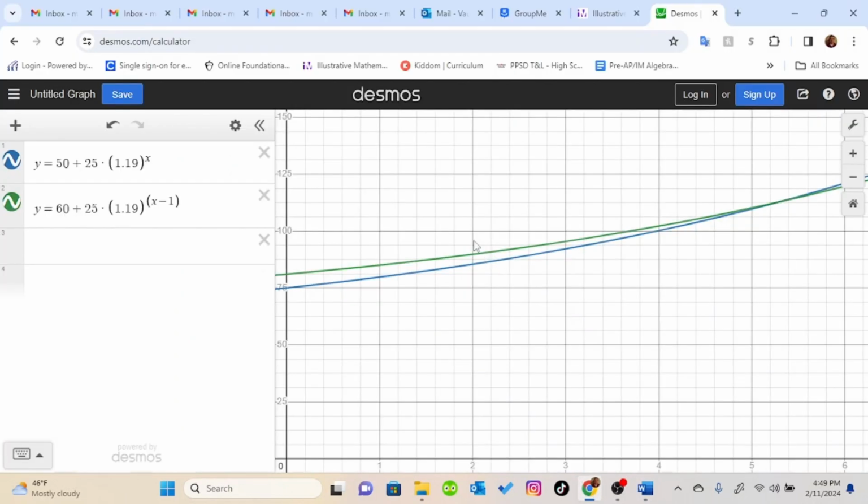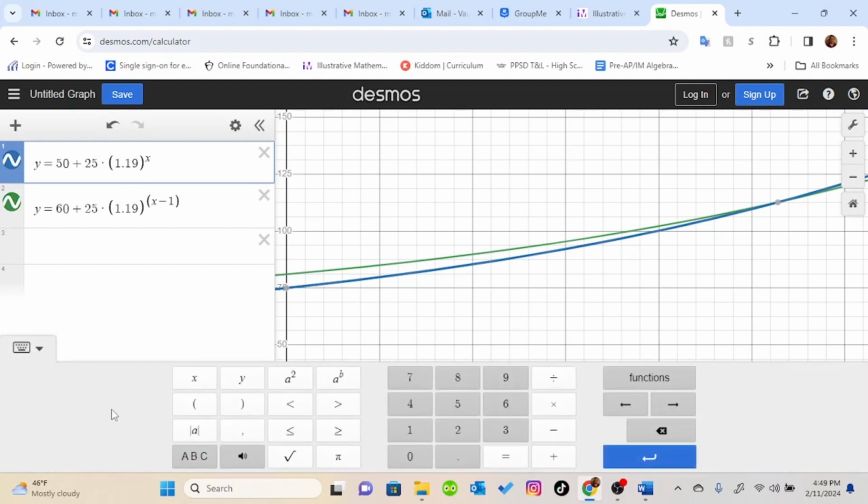When it comes to using the Desmos calculator, it's just desmos.com/calculator. You can click in any of these boxes. There's a keyboard down here in the bottom left, and you can type your equations in using this. You have x and y. You have an a to the power of b button, which allows you to type in exponents such as x or x minus 1.